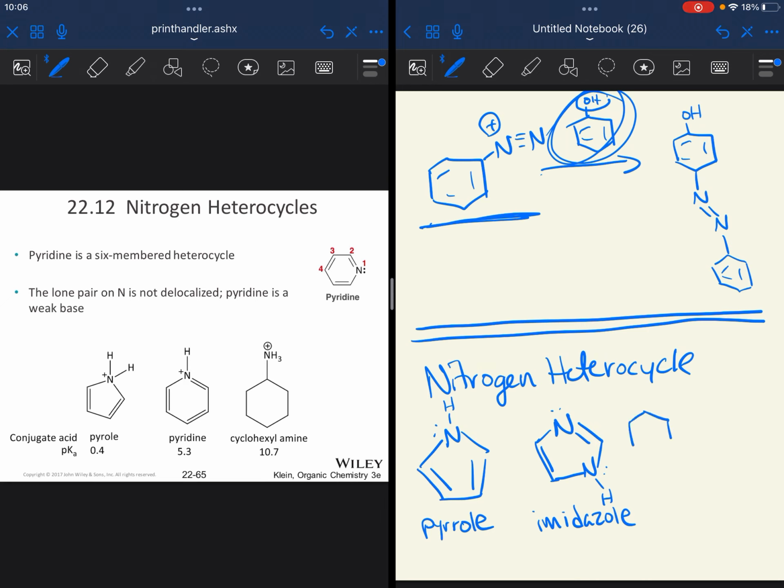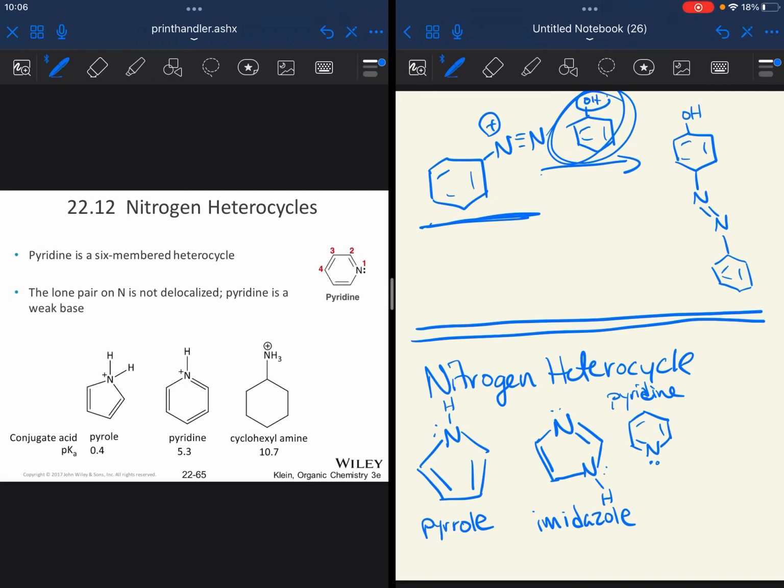Now, we've used pyridine quite a bit. It's a decent base. That lone pair is not involved. I'm going to write the name up here. Pyridine. And so this gets used as a proton sponge in a lot of reactions we've covered throughout the year.